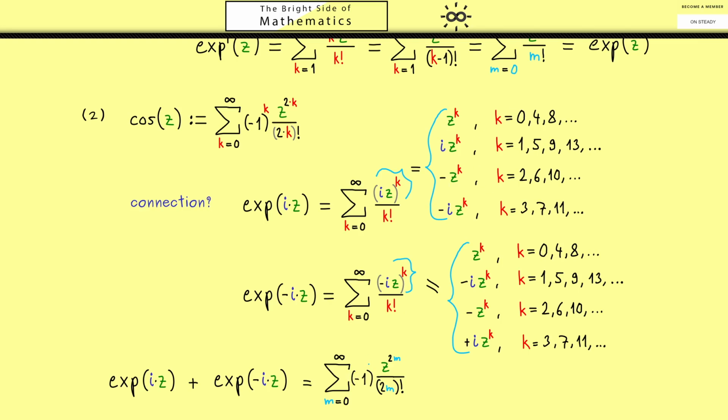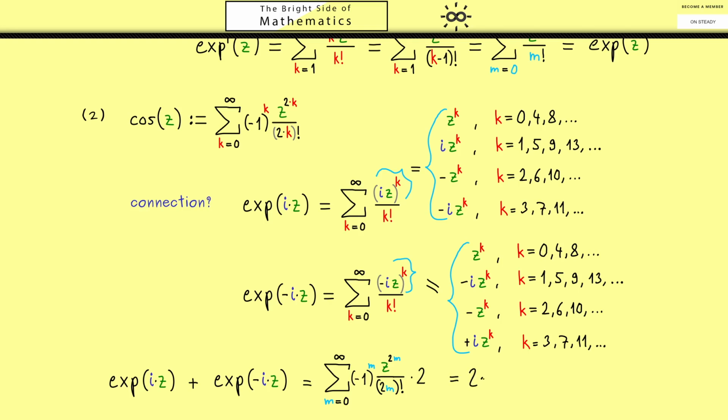Hence, we have to add the factor minus 1 to the power m. Moreover, also please don't forget, we have the addition here, so we add the 2 cases. Or to put it in other words, we also get a factor 2. Okay, now we are finished, and you see, with the exception of this factor, this is exactly our cosine of z. Of course, that was our goal.